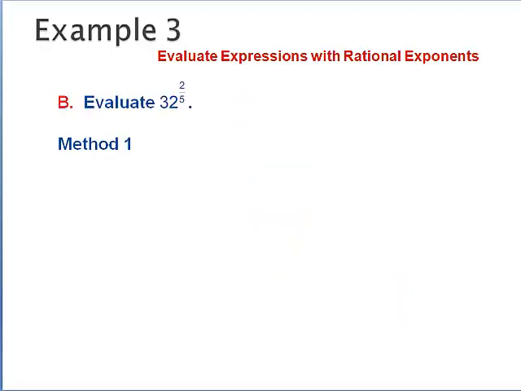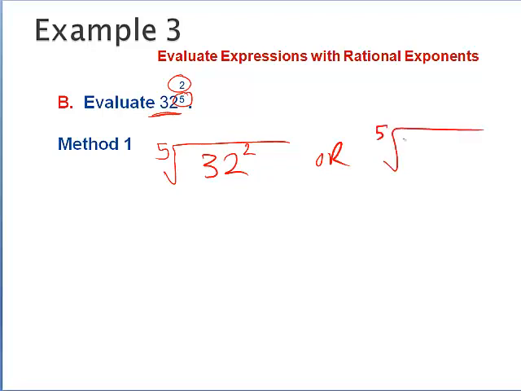So here's another one. We have two different methods again that we'll look at. 32 is our radicand. We're going to go to the radical form. The denominator is 5, so that's going to stay on the outside as our index. And the numerator, which is a 2, I can put right there, or, same thing, on the outside.